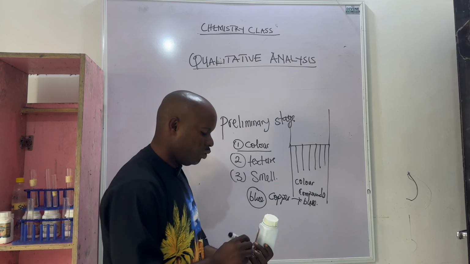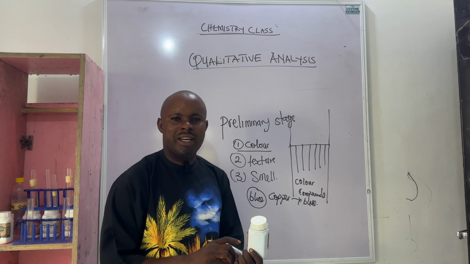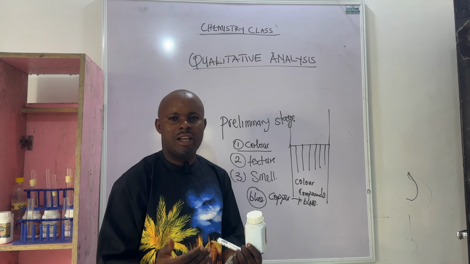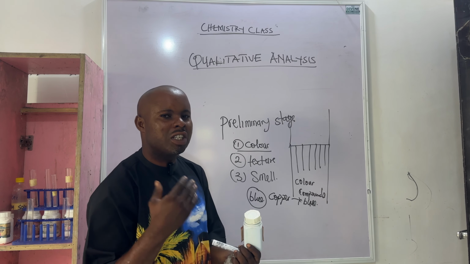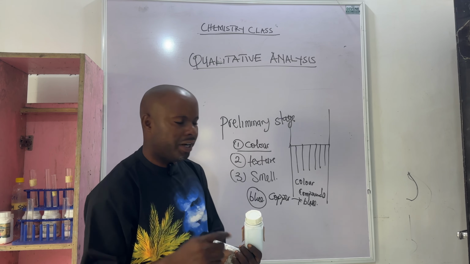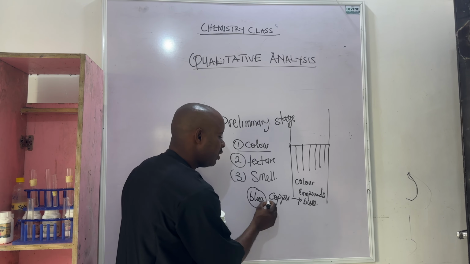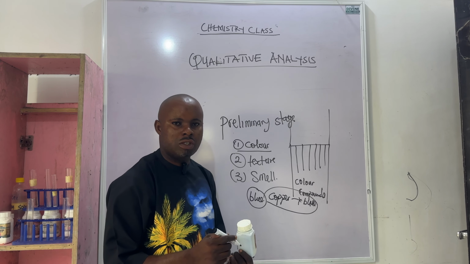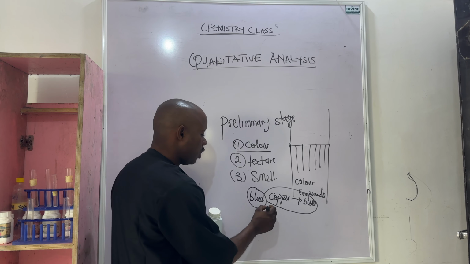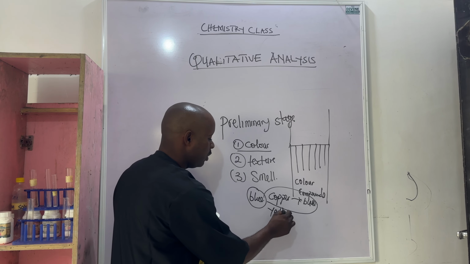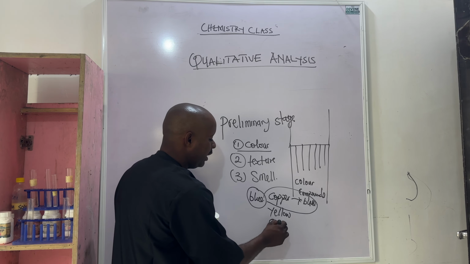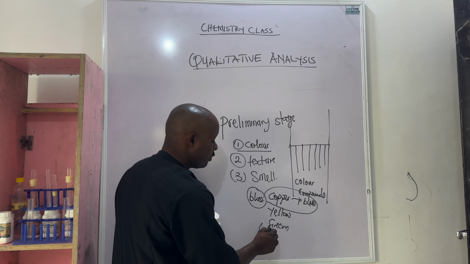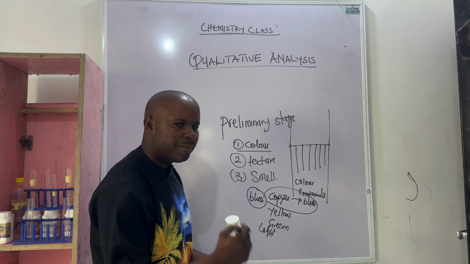So if, for instance, you notice that a salt given to you is pure white or colorless, it is more likely that such salt does not contain copper ions. When you have a salt that is yellow, green, light yellow, and so on and so forth, we can identify them using the preliminary stage.